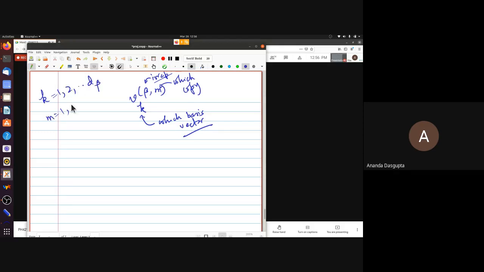M will go from 1, 2 up to m beta, where m beta is simply the number of copies of the beta irrep in my representation. And finally, the other index beta takes all possible values up to nc. Actually, m can also be 0, right? Because a particular irrep may not occur in your representation. Is that okay?